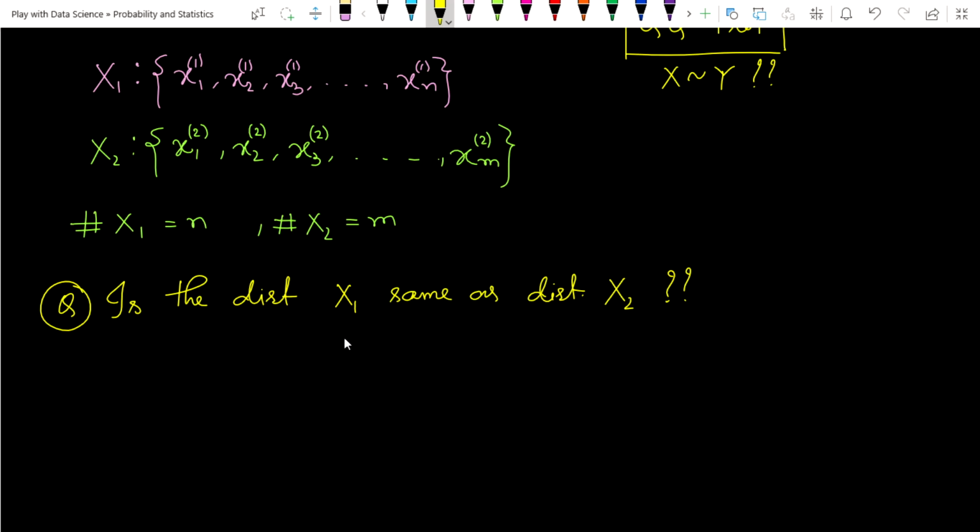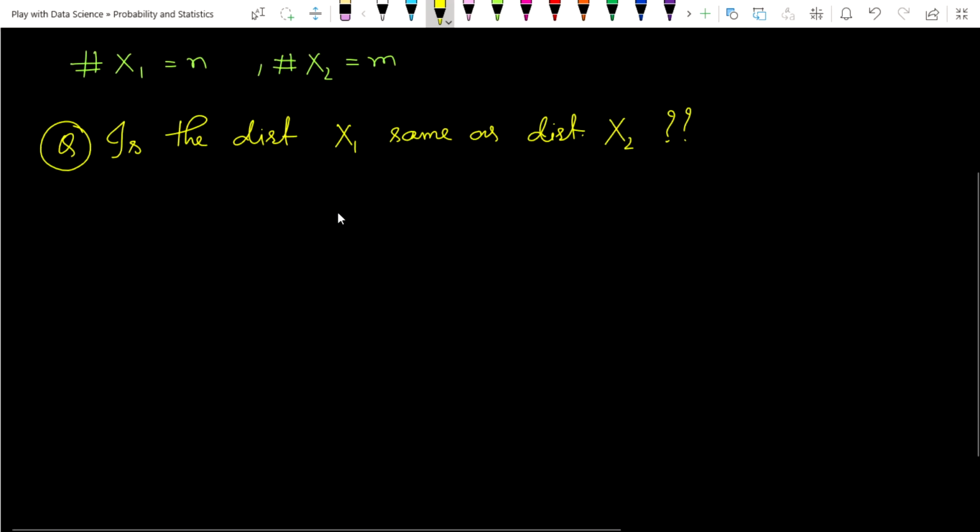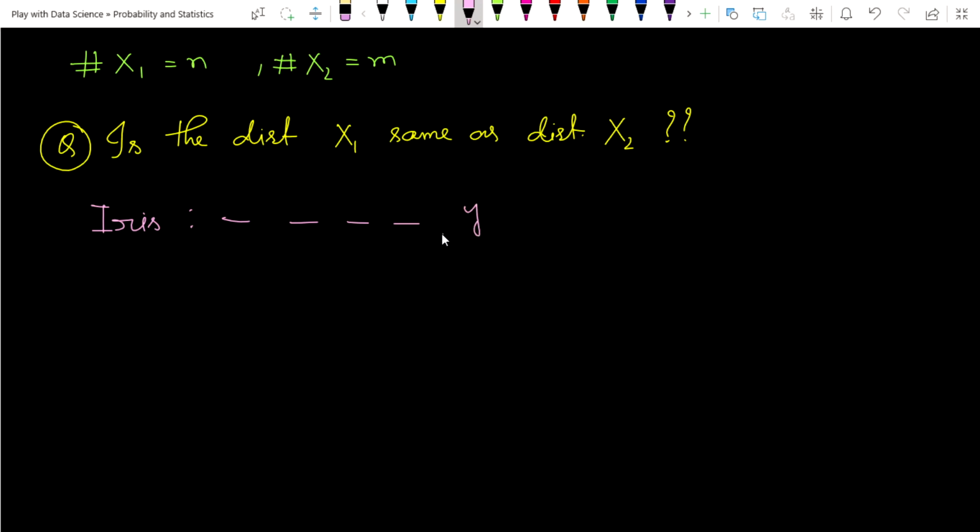Now suppose we take an example we have already seen previously: the iris data set. If you remember the iris data set, we have four parameters, and the output is the class of the iris flower.